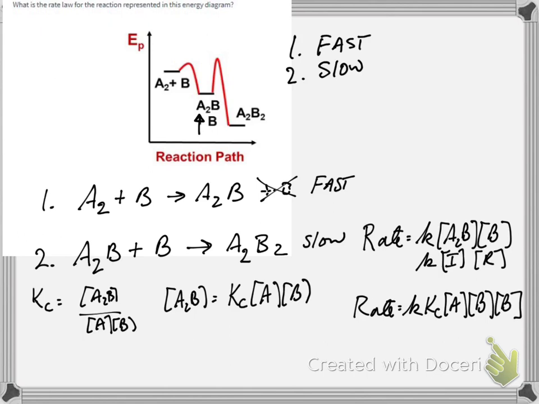So A2 times B, there we go. And now the rate can be written as K prime A2 times B squared, right? So we have quadratic in B, linear in A2, and that's how we would analyze this problem. First, from the fast-slow, we need to get the information from the energy diagram and then write out the individual steps.